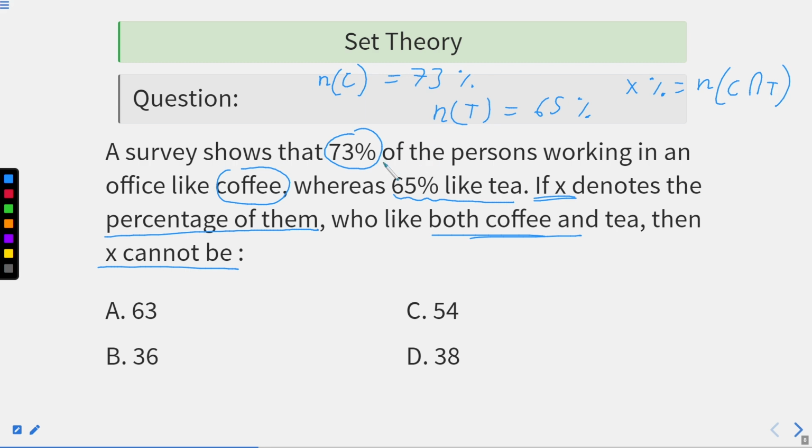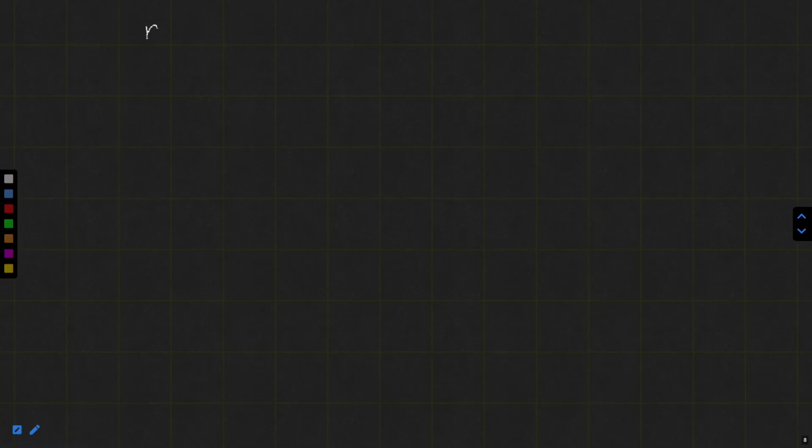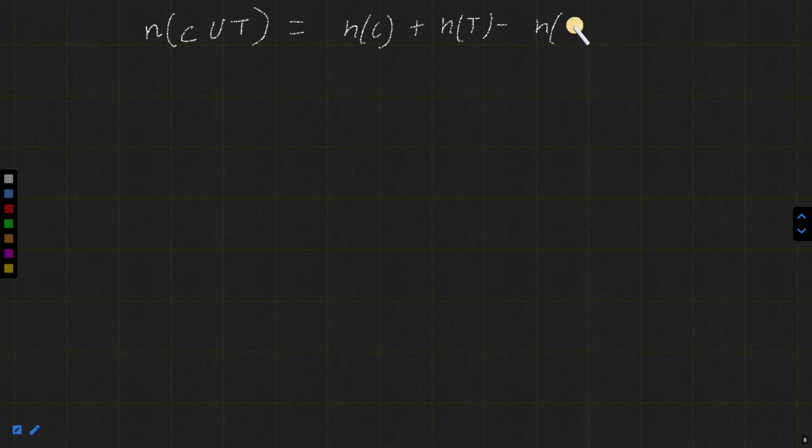So we are given three pieces of information. Let's begin with the existing information. We know the number of people who like coffee or tea, which is n(C union T), is equal to n(C) plus n(T) minus n(C intersection T).